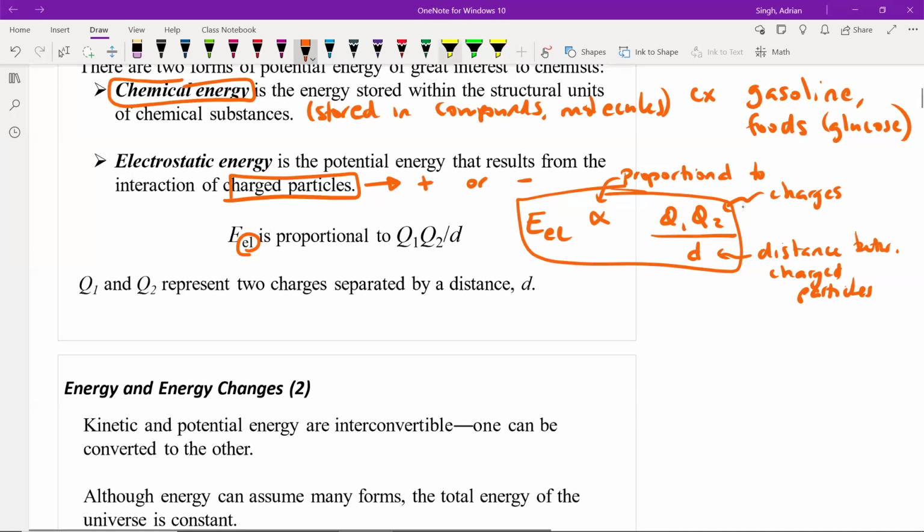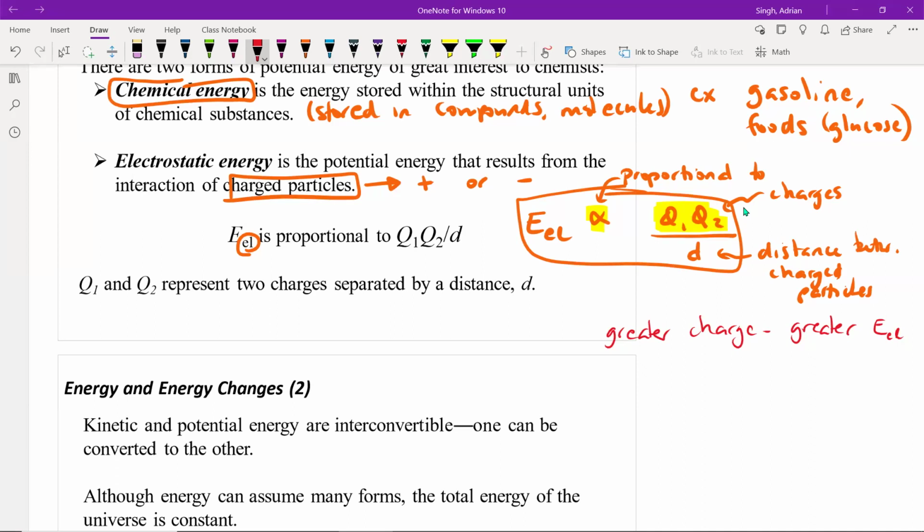If we say the electrostatic potential energy is proportional to the magnitude of the product of the charges, what this means is the greater the charge, the greater the electrostatic potential energy. So as this term in the numerator increases, the energy increases as well.